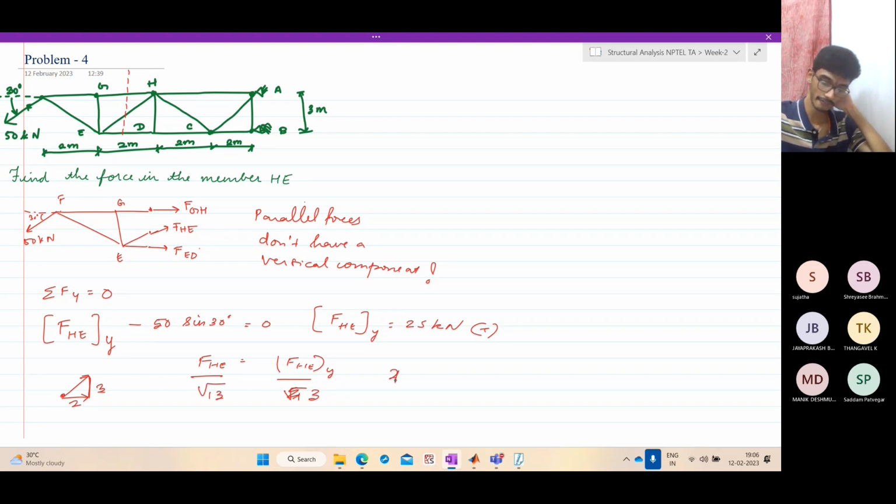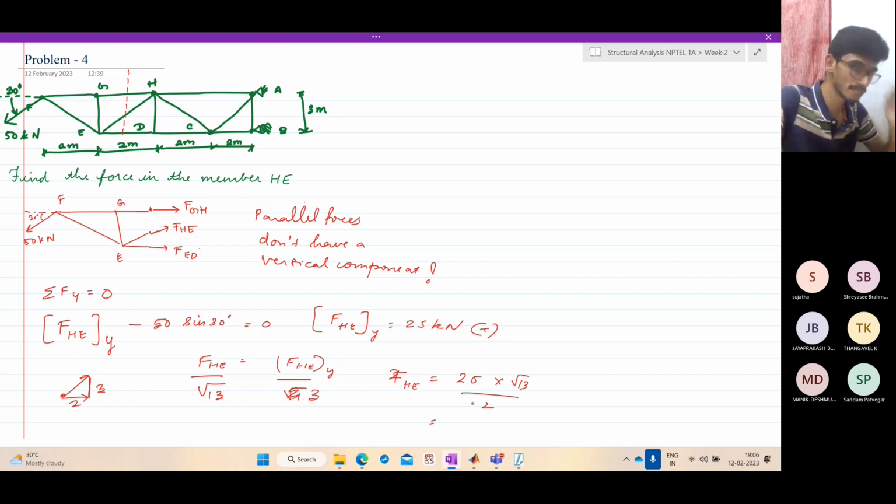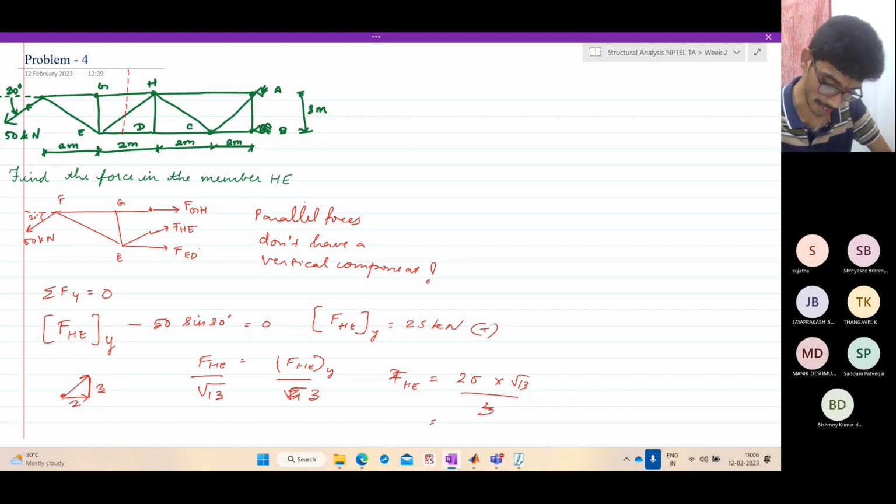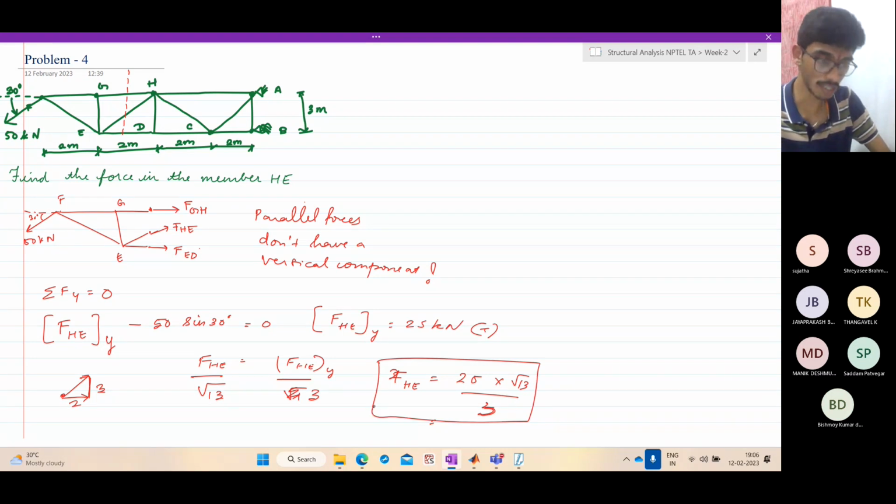So we'll get FHE as 25 into root 13 by 3. Just compute this, whatever value you get, that will be the answer.